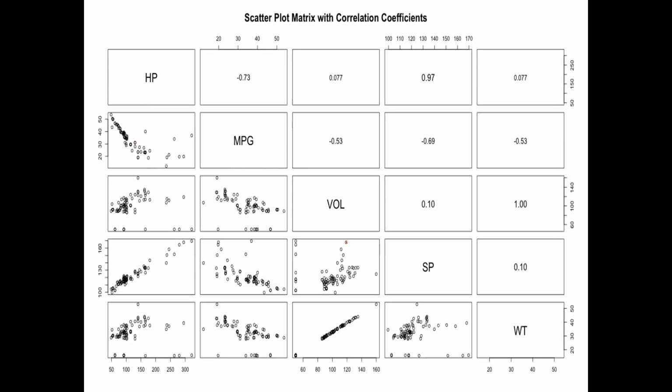Here is a scatter plot matrix which has all the values. Now look at this for some time and let me know what your key inferences are. What two variables have a good relationship, positive, negative, and things like that. Just spend some time here.